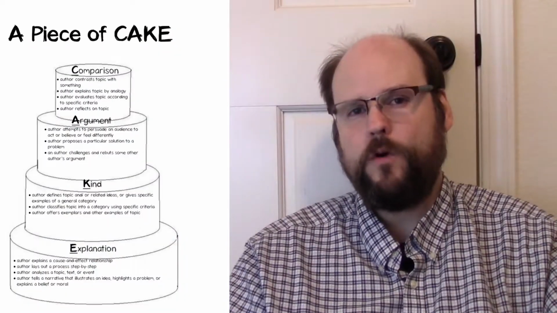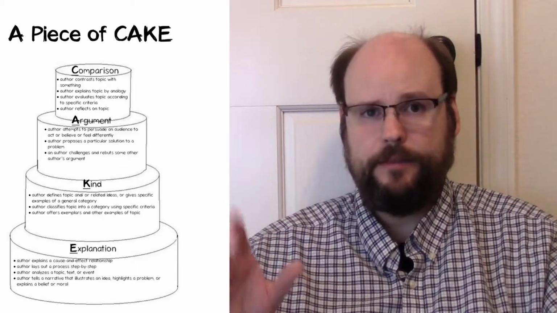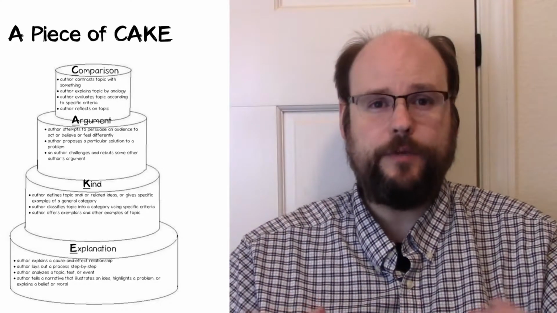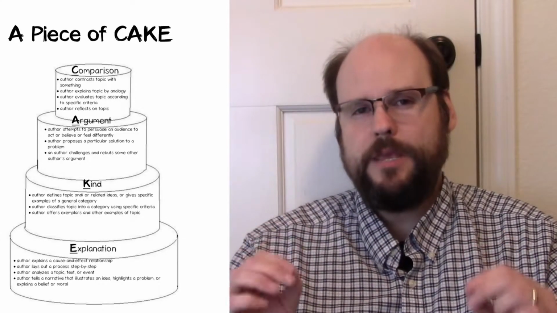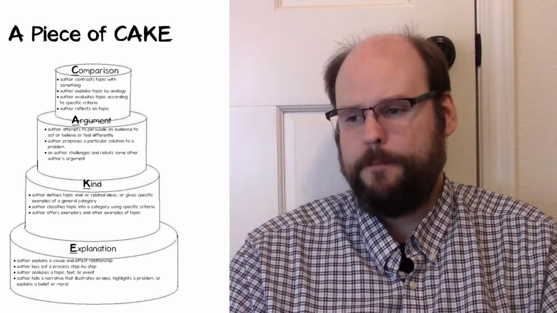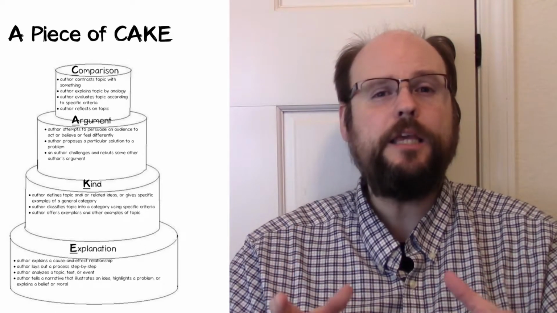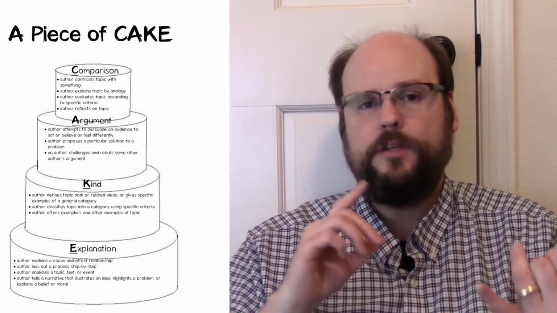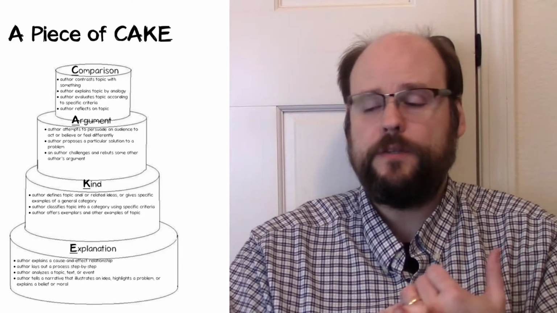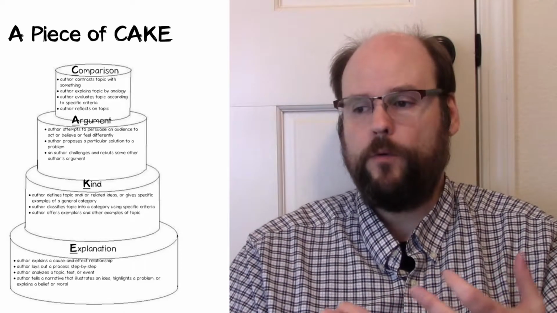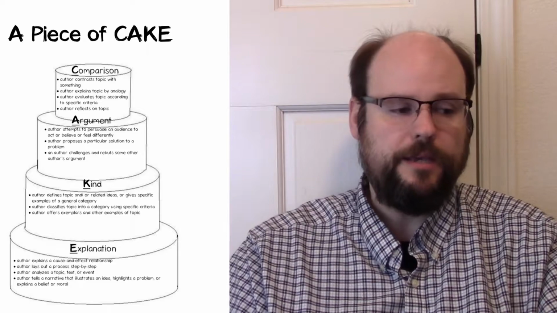K stands for kind. Now, I know that the C, A, K, and E, and even the P, I, and the E, they all stand for different kinds of writing. But what I mean here by kind in terms of cake is the author is telling you what kind of thing their subject is. These can be straightforward definitions of a term or an idea or a situation. They could be sort of classification.